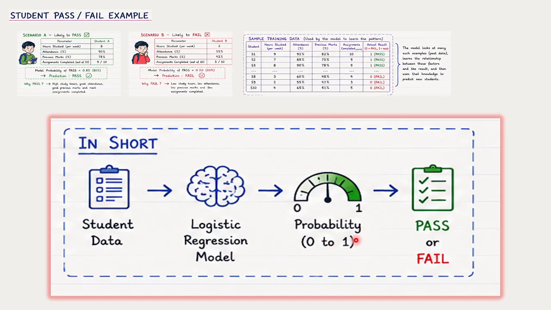After we get the probability, we apply a threshold. For example, in this example we are using a threshold of 50%. If the probability is greater than or equal to 0.5, the prediction is pass, and if it is less than 0.5, then the class is fail. So this is in short what we can keep in mind for logistic regression.